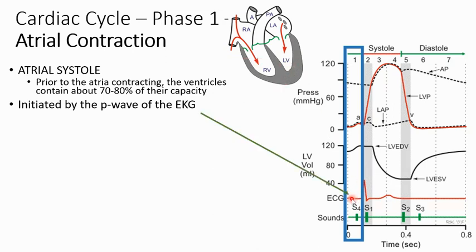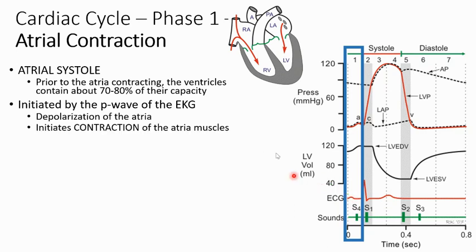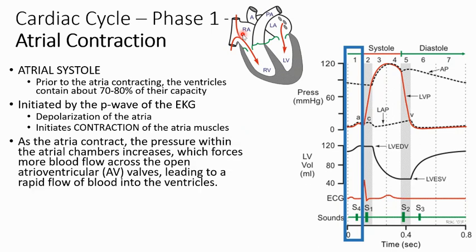The atria contract. So what's happening is that blood that's in that atrium, while it was passively flowing into the ventricle, now we're going to contract the atrium and push the blood into the ventricle just to make sure we get it all in there. So this is going to be contraction of the atria. The pressure within the chamber increases, forces more blood more quickly into those ventricles.